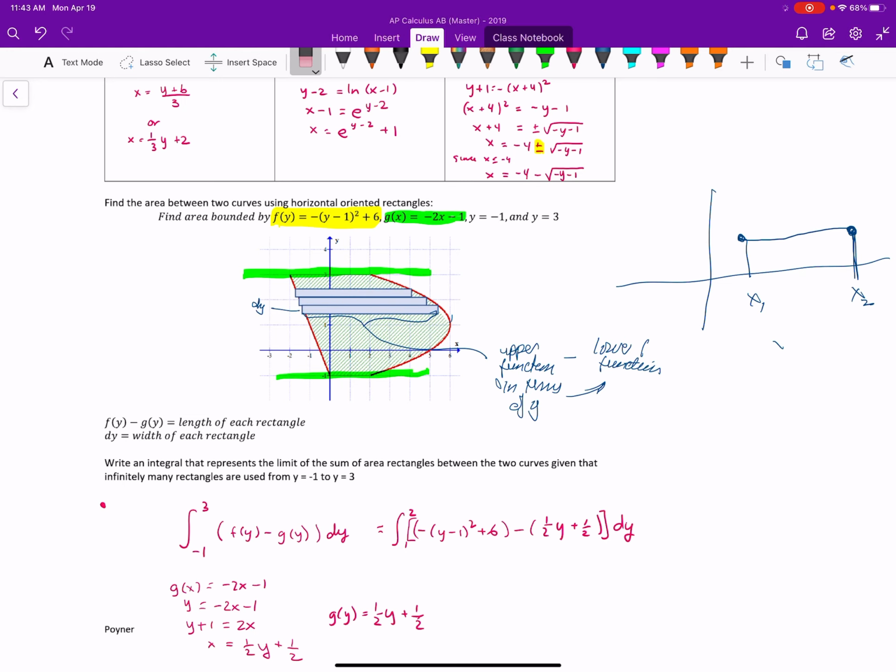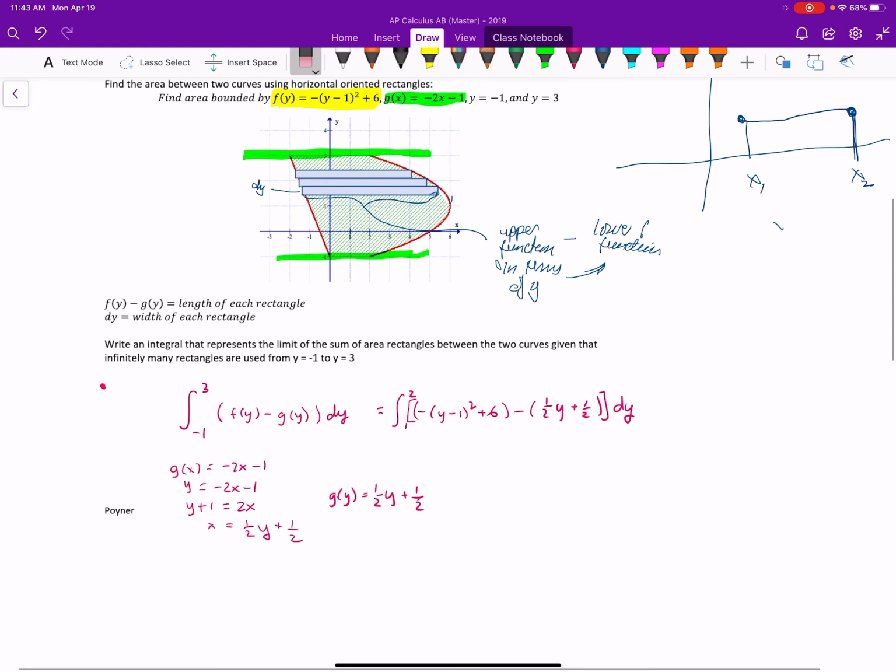So step number 1, I have all of the stuff here. What I notice is, first of all, we're taking the upper f of y and I have to subtract the lower, which is g of y, but it's not written as g of y, it's written as g of x. So that means I'm going to go down here at the bottom and solve for x in terms of y.